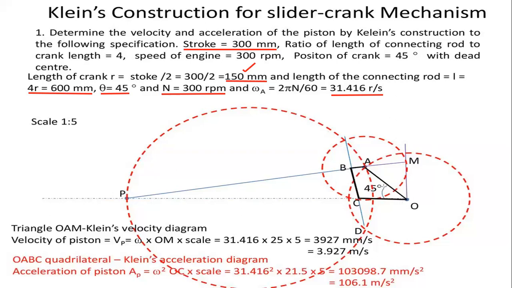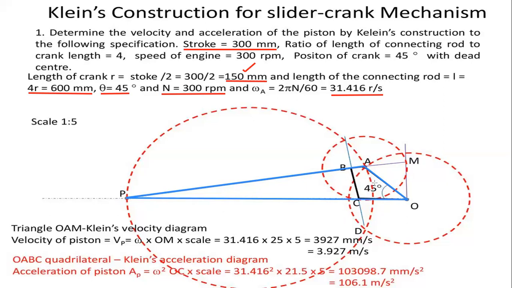Angular position for the crank is 45 degrees. So therefore we got the triangle PA, AO and OP. So this is the triangle.